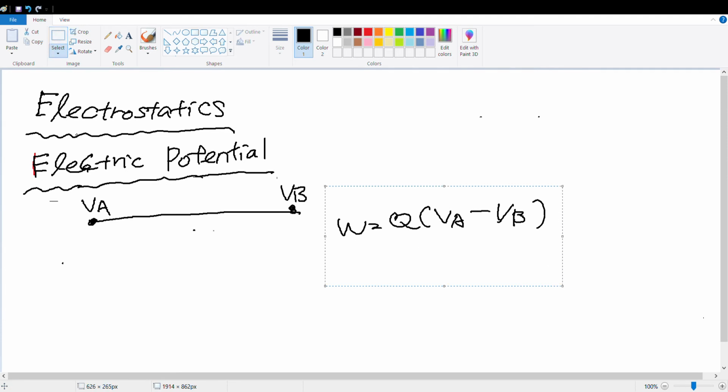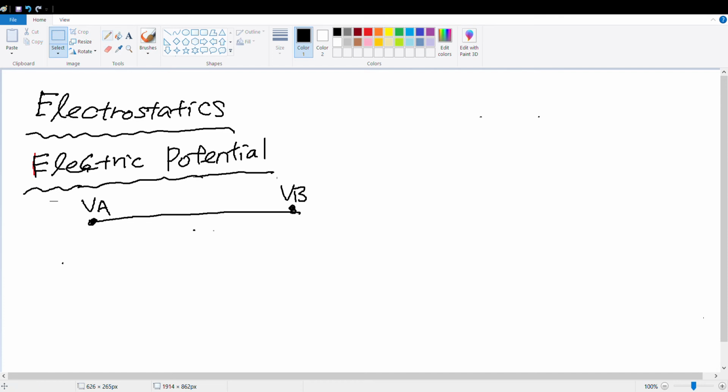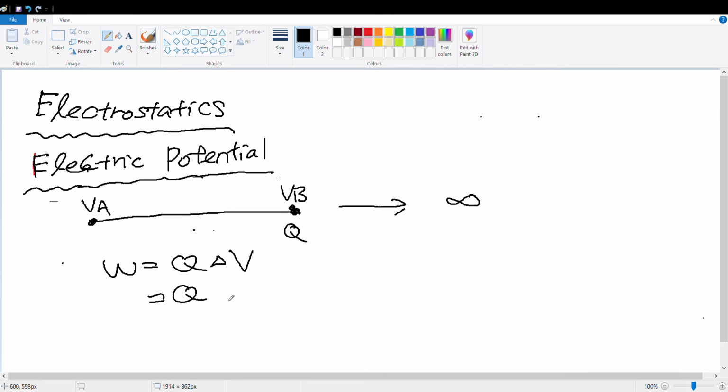So what if I wish to move this charge Q until infinity? As I said, the electric potential difference is always final minus initial. So what will be my final here?